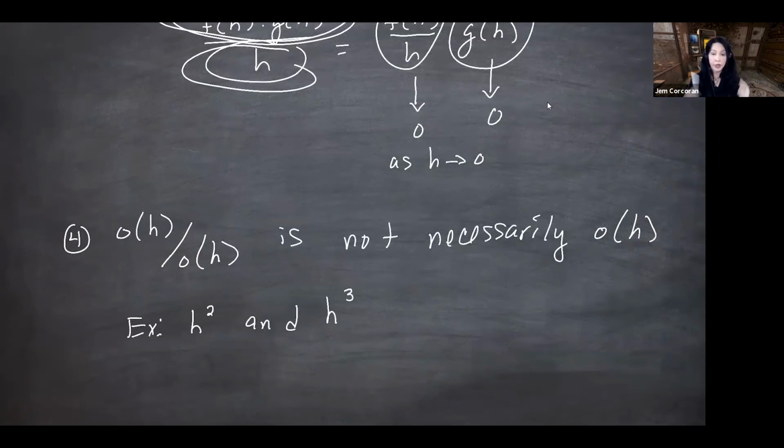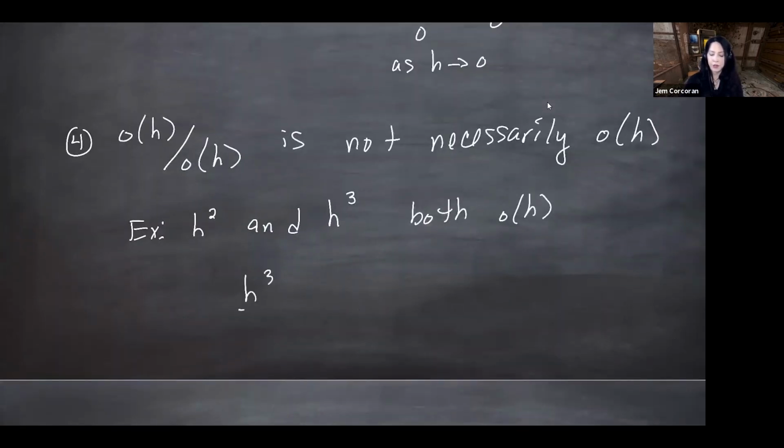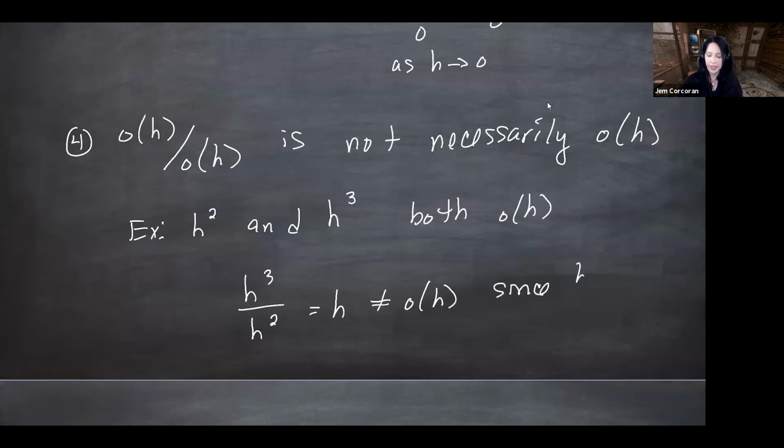These are both little o of h functions because both of them, after division by h, still go to 0 as h goes to 0. But if you look at h cubed over h squared, you'll get h, and this is not little o of h because if you divide by another h, it needs to go to 0 and it doesn't, since h over h is 1, and that does not go to 0.